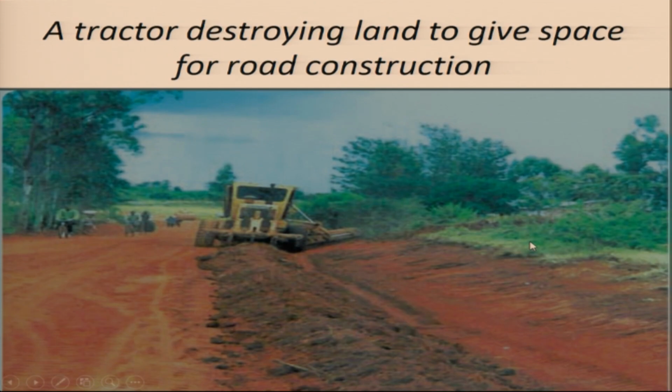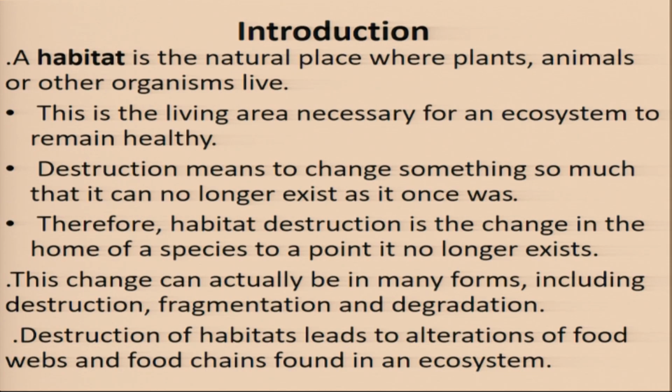So it was a habitat to certain plants and to certain wild animals. But as the road was constructed, those plants were cut, the animals were chased, and others were killed. Therefore, their habitat was destroyed.